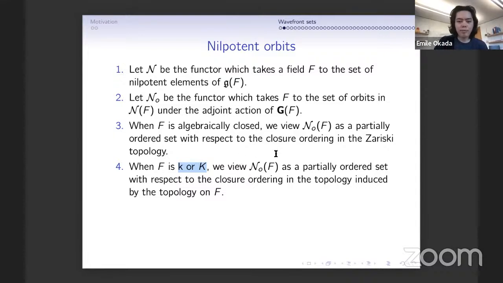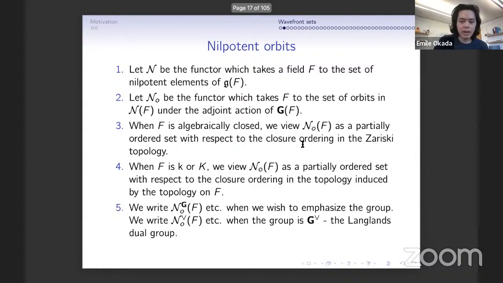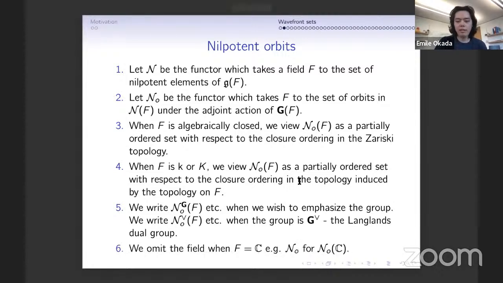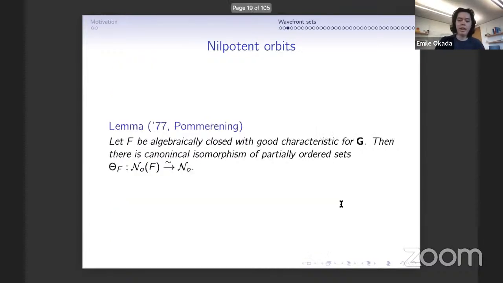But this is all technical. All you need to know is that it's a partially ordered set. When we want to emphasize the group, we include it as a superscript, and when the group is G check, we just write G check. Finally, if we're looking at C points of something, we usually just omit the field for notational simplicity, just like the C points of the group.